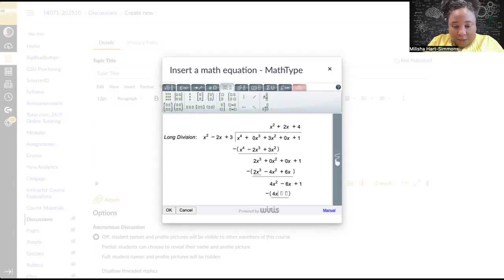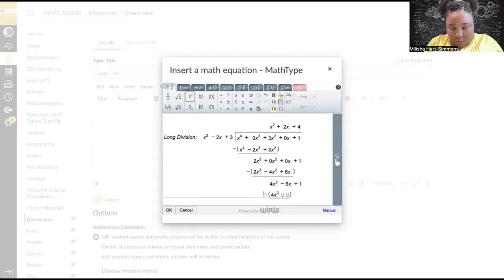So we have 4x raised to the second power. And then we have 4 times a negative 2x would be a negative 8x.